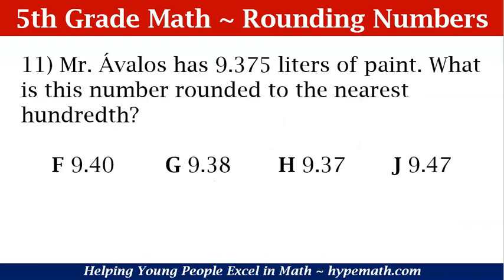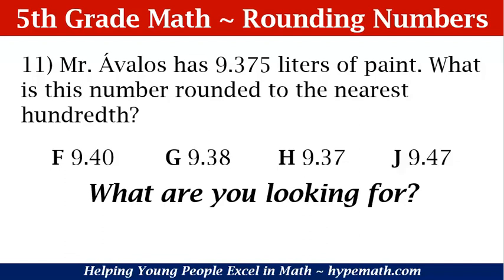Number 11 says, Mr. Avalos has 9.375 liters of paint. What is this number rounded to the nearest hundredth? F 9.40, G 9.38, H 9.37, J 9.47.